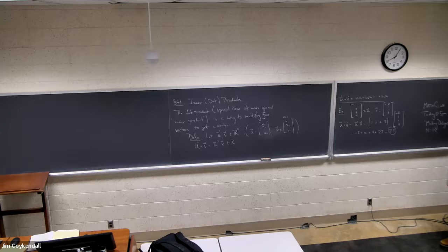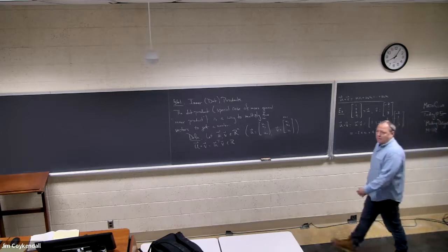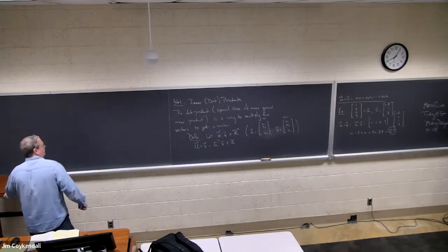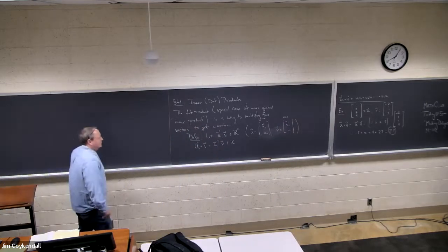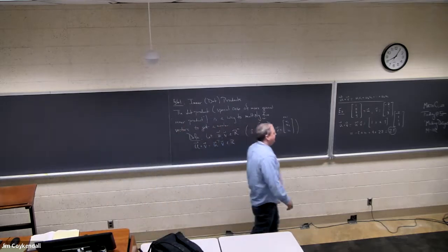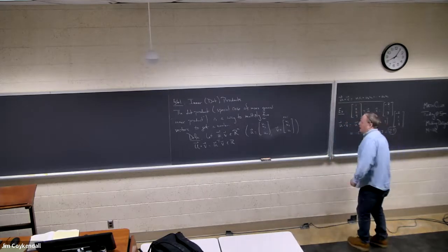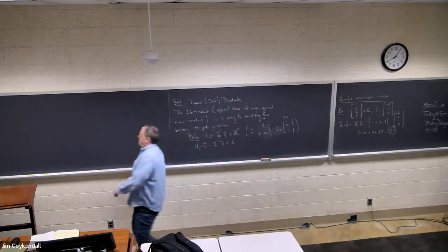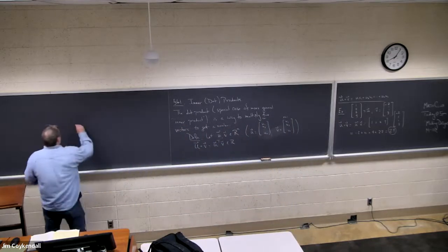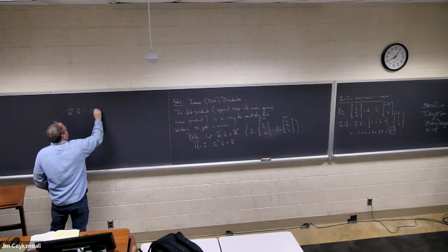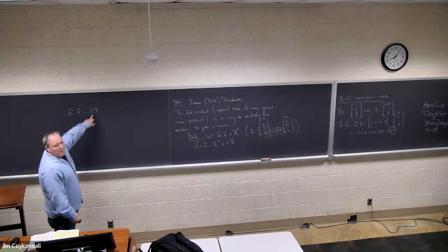Okay. So that's how the dot product works. Let me ask you this. This is a number, right? So you can think about this as a one by one matrix. What's the transpose?